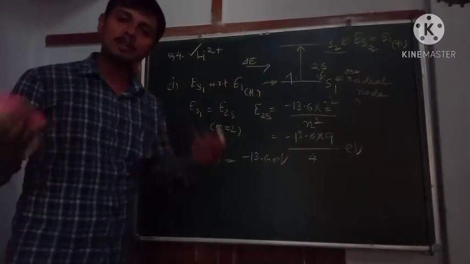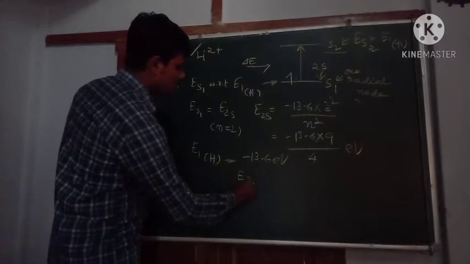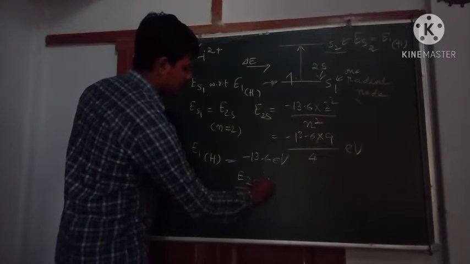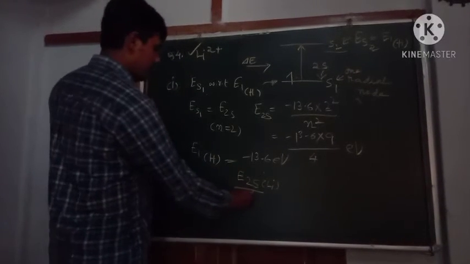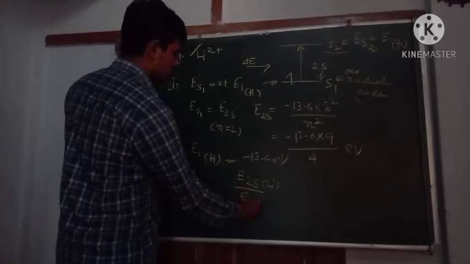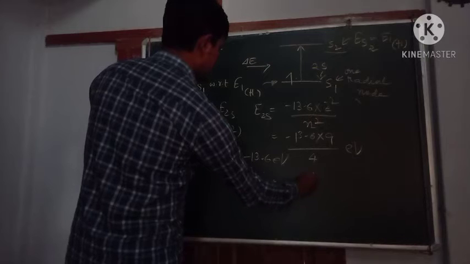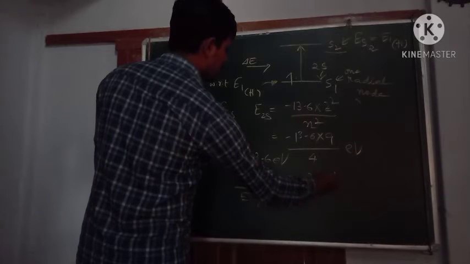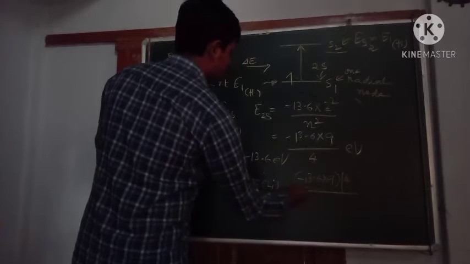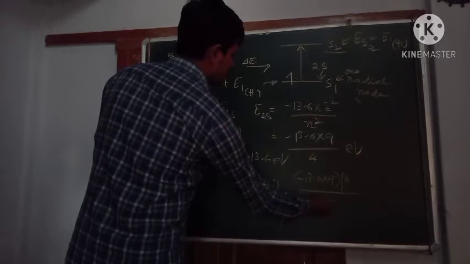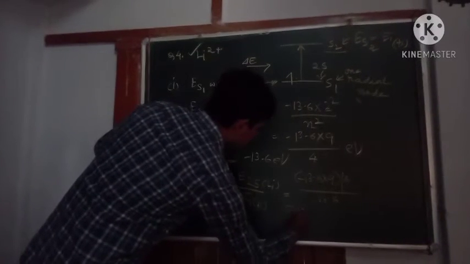This will be calculated as energy of the 2s of lithium by energy of the ground state of hydrogen. So minus 13.6 into 9 by 4, by minus 13.6. If we calculate this, we get the result as 2.25.